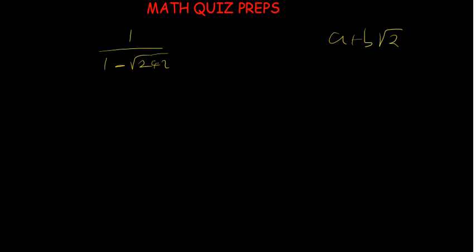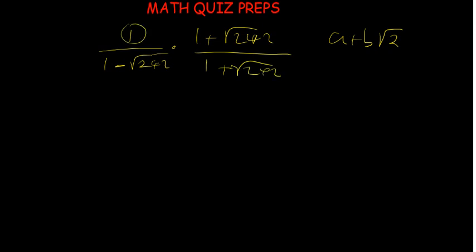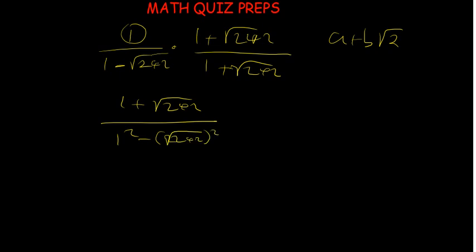So the first thing is let's rationalize the denominator. So we are going to change the sign. If we multiply this by what we can see there, we are going to get 1 plus root 242, and then divided by this multiplied by this is the difference of 2 squares, so that will just be 1 squared minus root 242 squared, which will give us 1 plus root 242 over 1 minus 242.